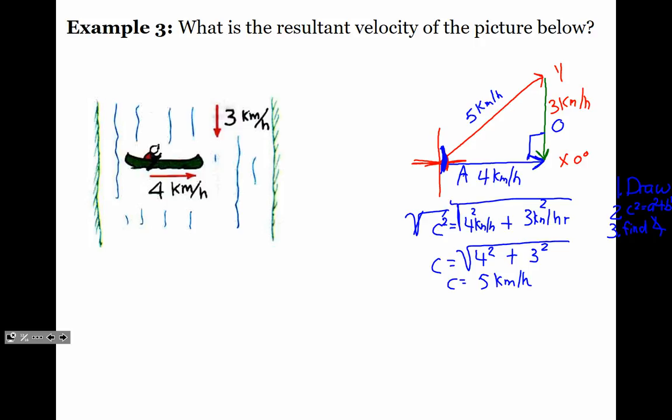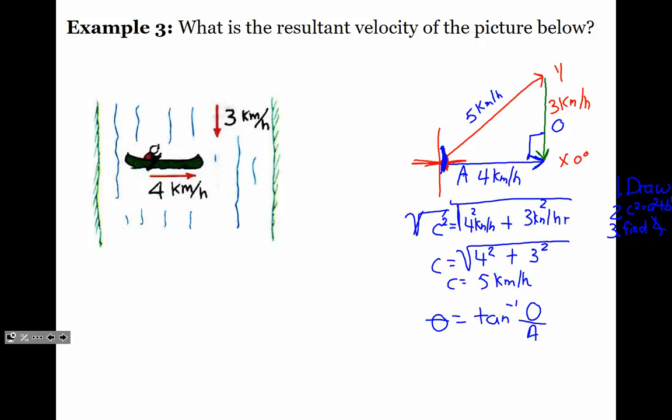So what trig formula would I use that has opposite and adjacent relationship? Think of SOHCAHTOA. So TOA, T-O-A. If I find my angle, I've got to get the inverse of tangent, and I'm going to take my opposite over my adjacent.